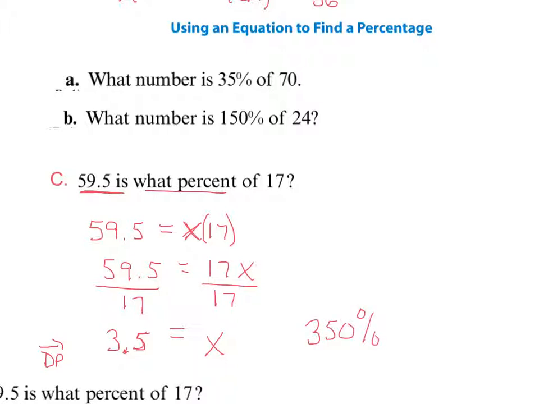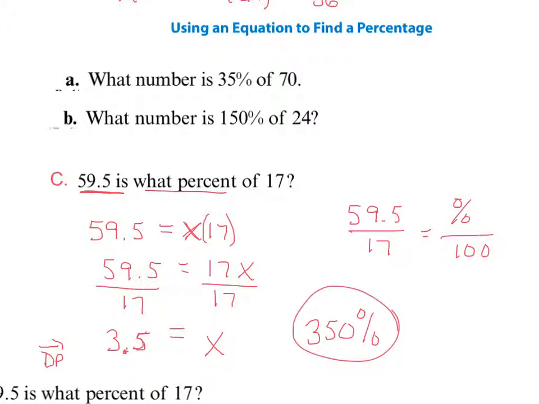So let's look at that. 59.5, that's your part, and then 17 is your whole. You're looking for the percent over 100. And notice that 59.5 is much bigger than 17, so it makes sense that 350% would be your answer.